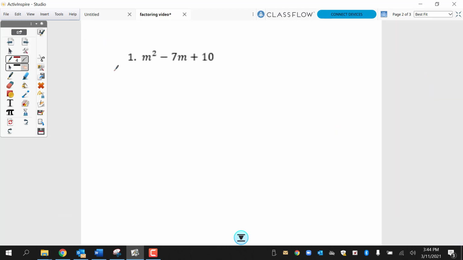Okay, so we're going to do this one. So step 1, we were doing equals 0. Great. Step 2, we are multiplying the number in the front times our regular number at the end. Our number in the front this time is a 1 because there's nothing there. So we're going to do times 1. Great. 10 times 1 is 10.